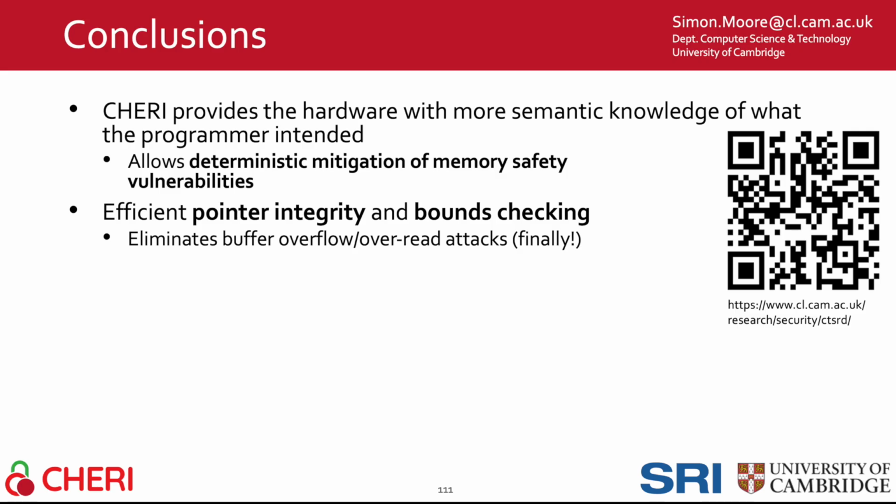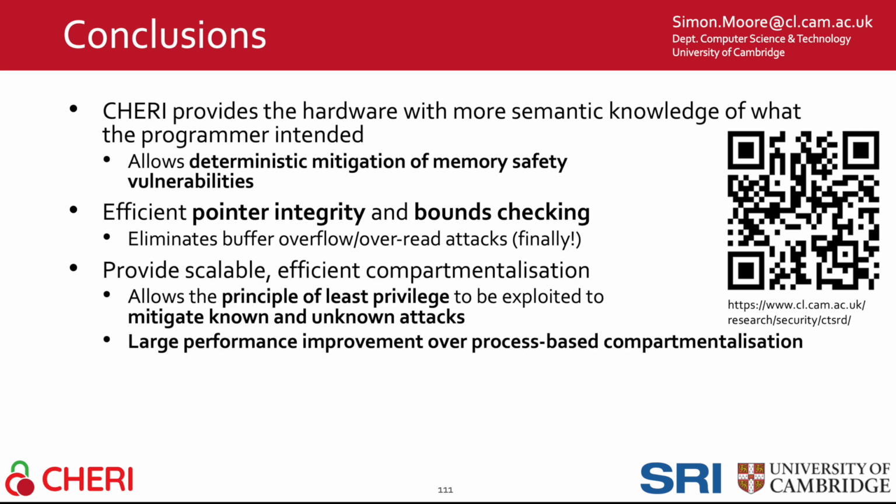It eliminates buffer overflows and buffer overreads, just fundamentally. It's really important to stress this is completely deterministic and non-bypassable. A lot of other schemes out there are much more statistical in nature, including MTE that Richard Grissenthwaite mentioned. And the trouble with anything statistical is it's bypassable. It may stop the attacker a little bit, but it won't fundamentally stop them, whereas CHERI will.